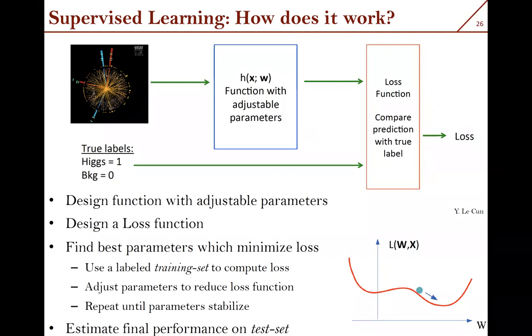In the training set you want to train the network, and you want to optimize the loss function. You adjust the parameters and find the best possible parameters with the minimum loss function. And once you get a stable set of parameters, then you don't tamper with that weight function, and you take it to the final data, or what we call the testing data.